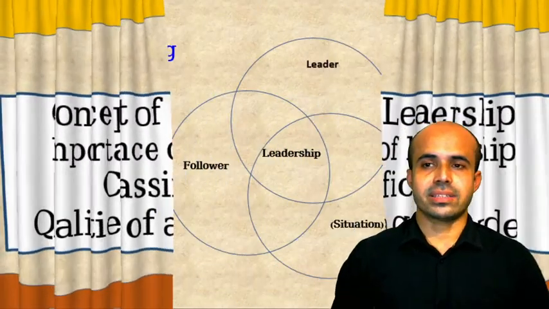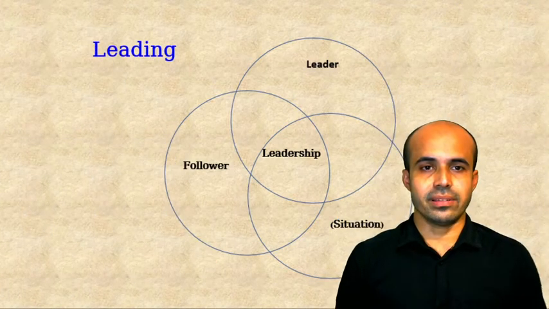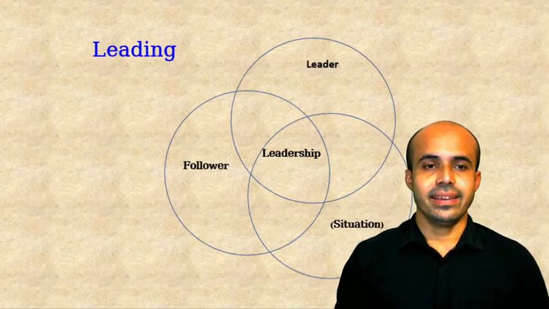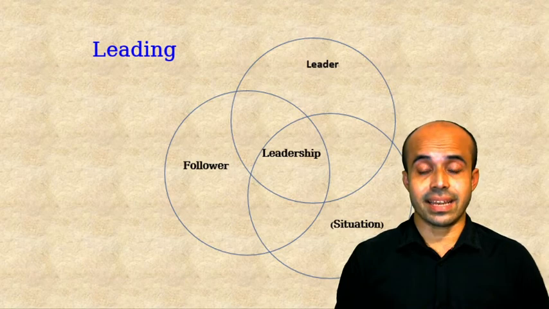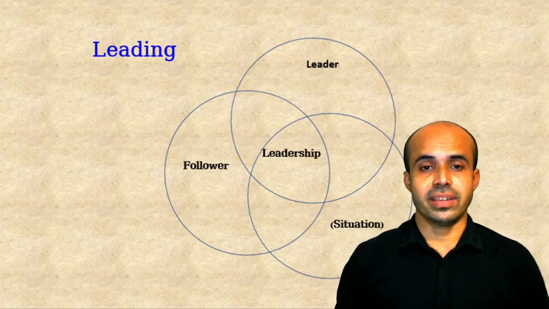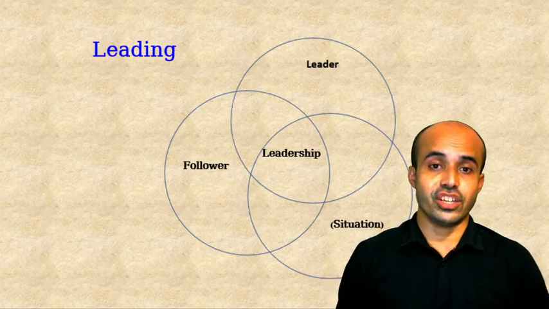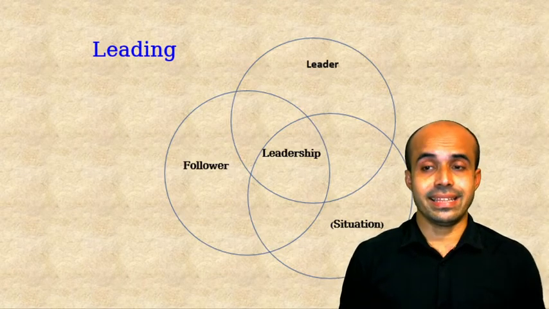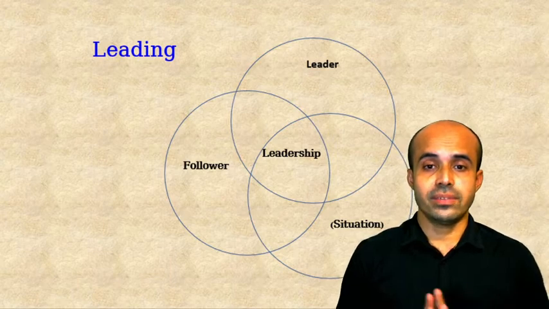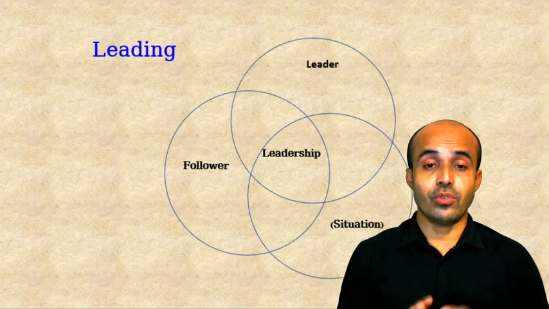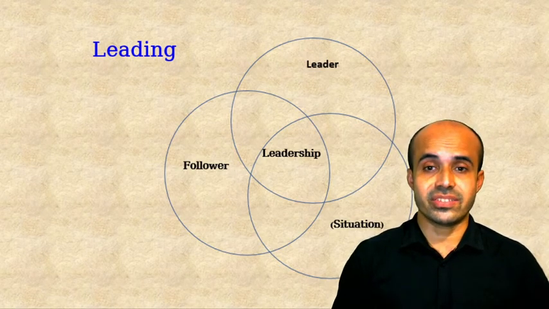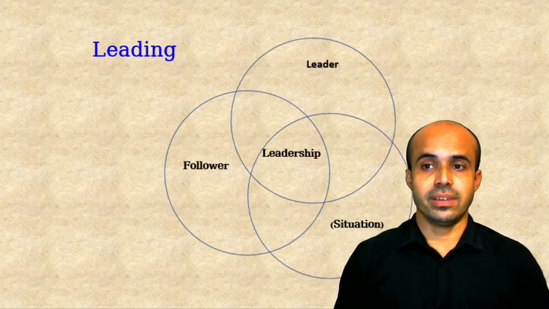First, look at your screen. There is leading, which means leadership. In the screen you can see 3 circles, and these 3 circles are combined by leadership. What are the 3 things? Leader, followers, and situation. When these 3 components are well adjusted, then leadership is created.